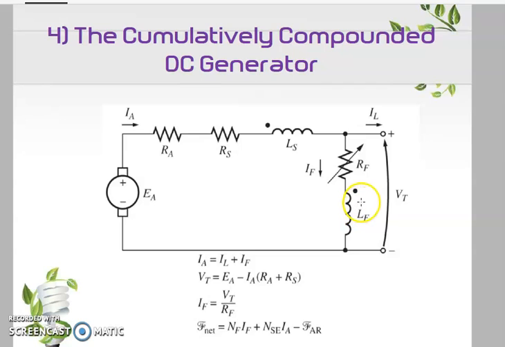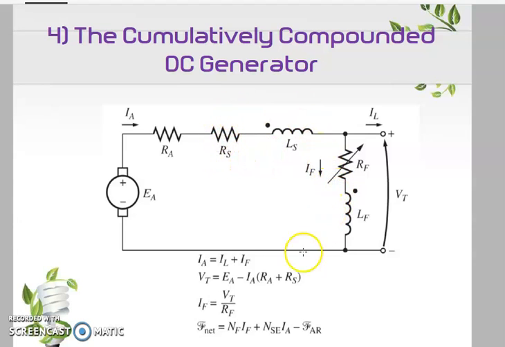So we combine the advantages of series and shunt, and we have this kind of cumulative compound generator. The dots mean the entrance of your current, so you arrange the field windings back to back or side by side, and you have a cumulative compound generator.